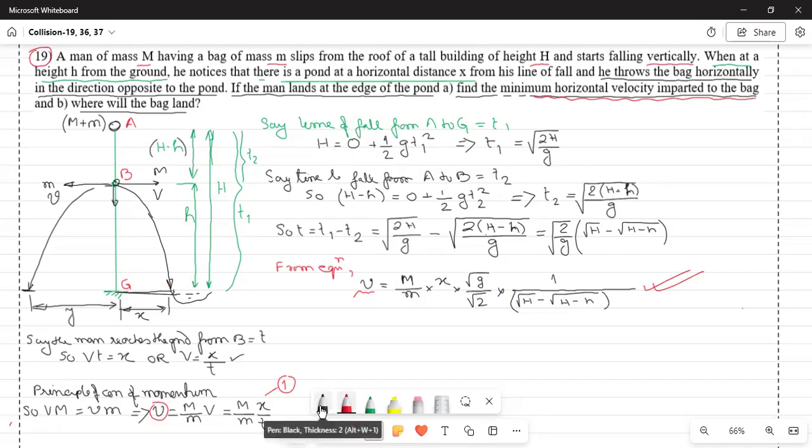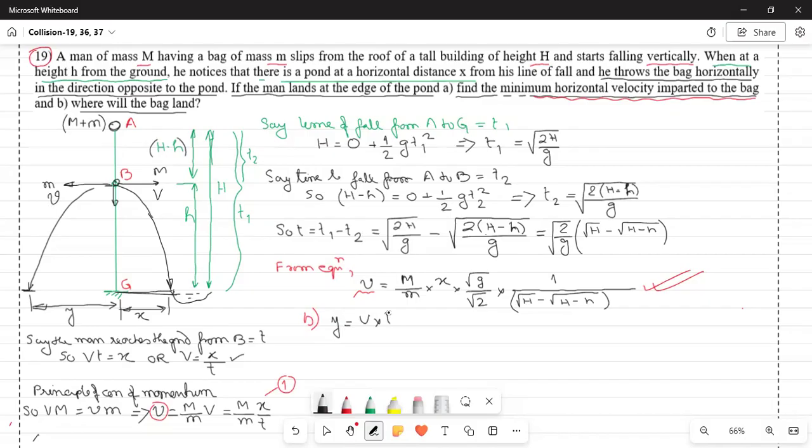Now coming to the second part, this is the first part. The second part is part B, where it asks, where will the bag land? Y is equal to small v multiplied by this time t.